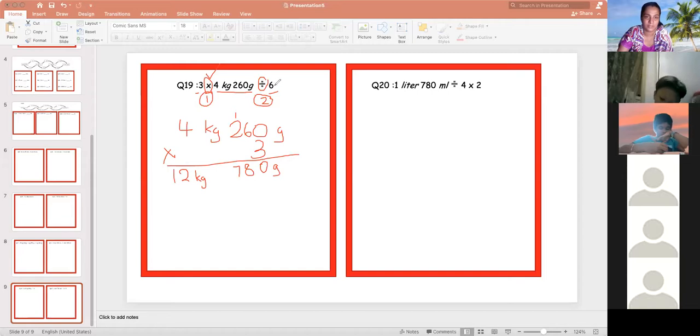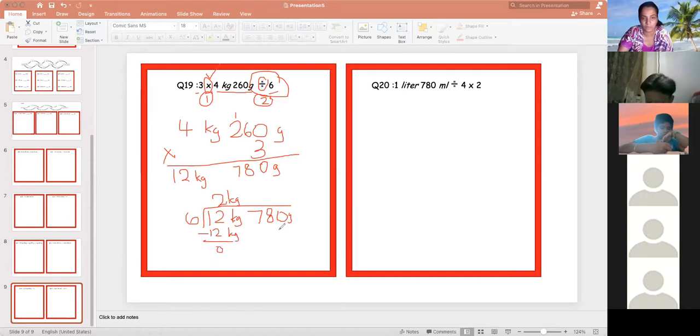You take your answer now and divide by 6. So you have to do again 12 kilogram, 780 grams, divide by 6. You got to do a standard written method. 12 divided by 6 is very easy. This is 2 kilogram. So you know, here got no remainder already. So 0. Now you go to the gram. 780. 7 divided by 6. 1.